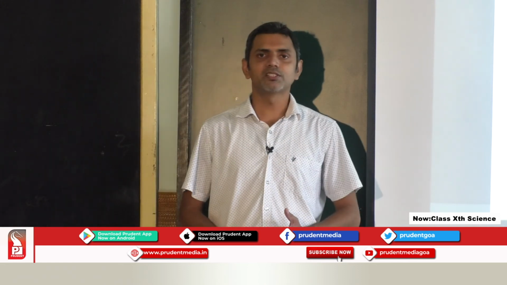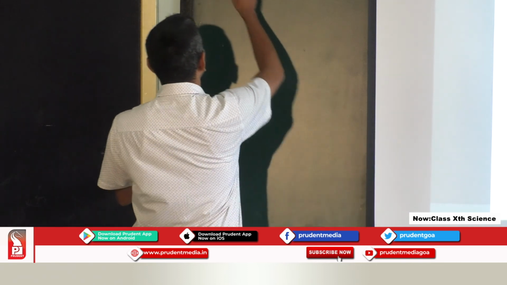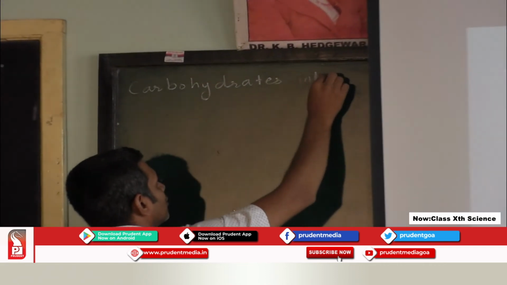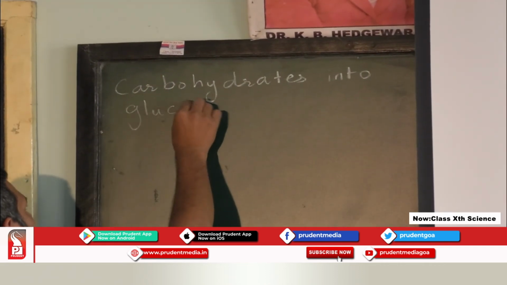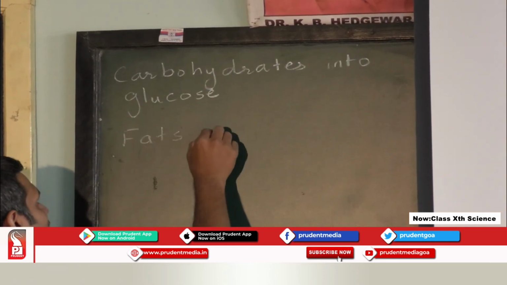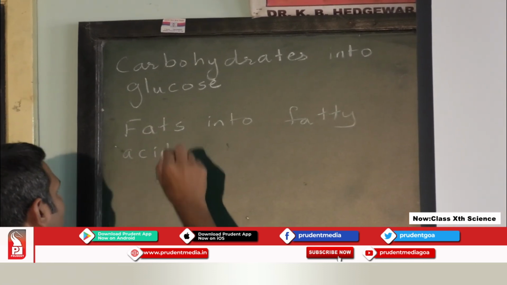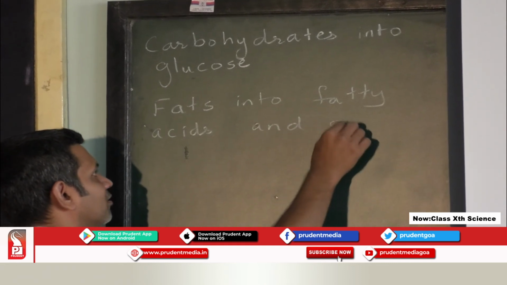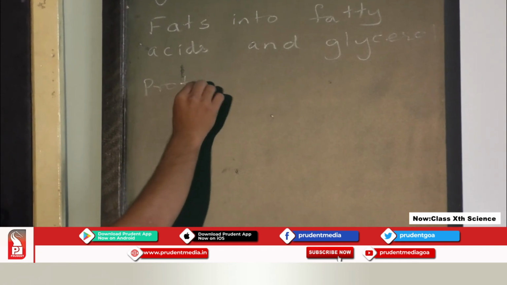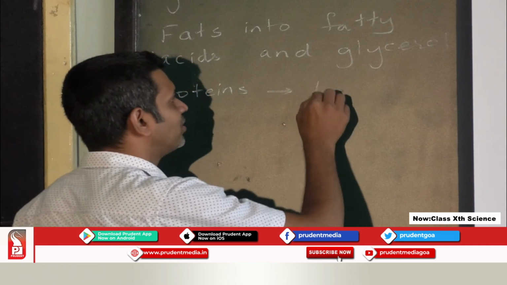This intestinal juice consists of enzymes which further break down carbohydrates into glucose, fats into fatty acids and glycerol, and proteins get broken down into amino acids.